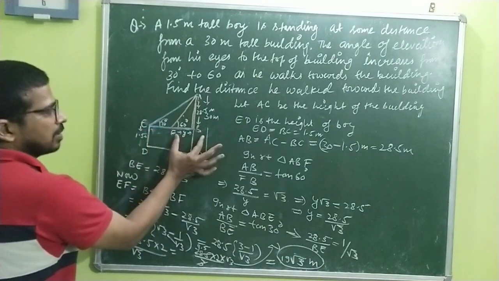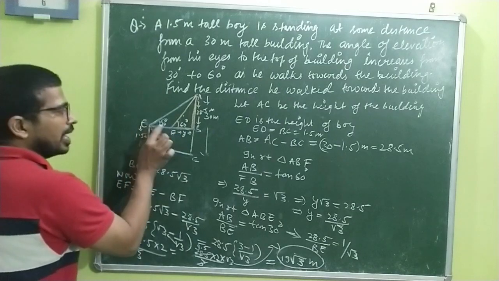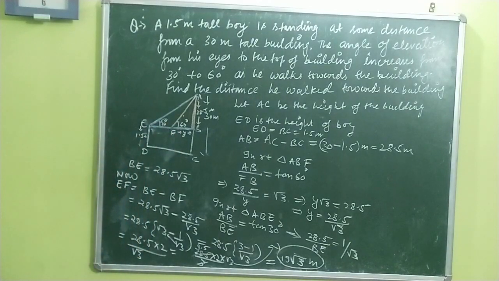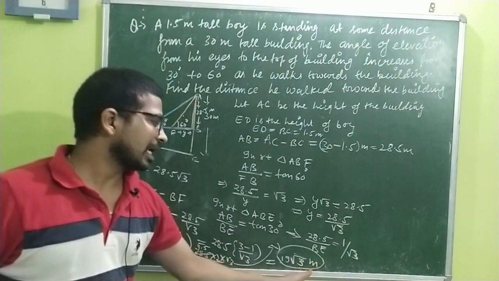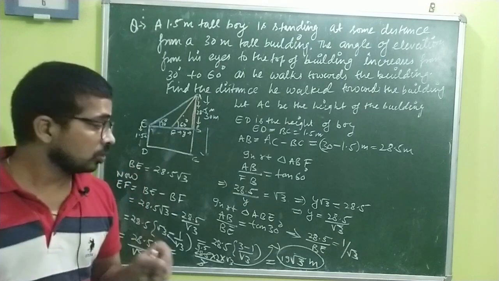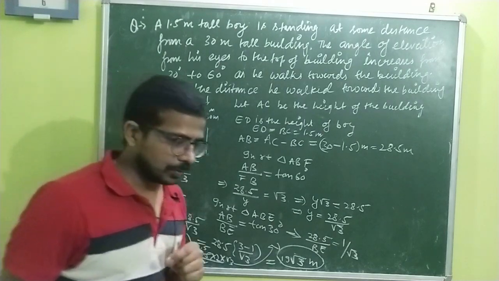From BE I have subtracted BF, then we will get EF. This much distance the boy has walked from here to here, that's why the angle changed from 30 degree to 60 degree. So at the final you can write by yourself that the boy has walked 19 root 3 meter towards the building. Thank you.